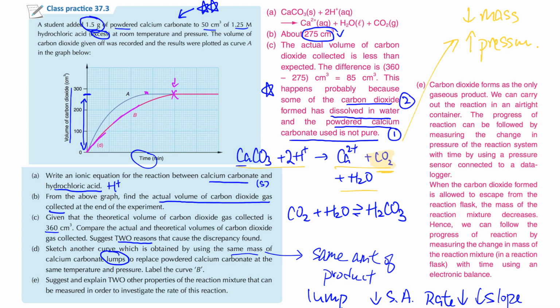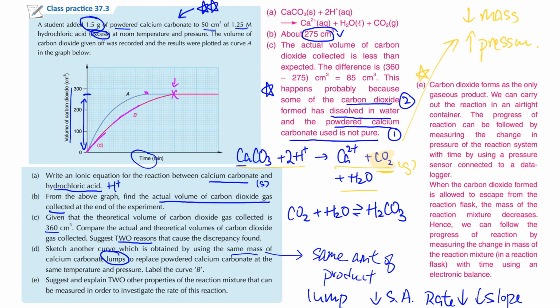Also, you can measure the mass after CO2 escapes from the reaction mixture. The total mass of the reactants or of the container will decrease. So basically you can refer to part E to see all these answers.